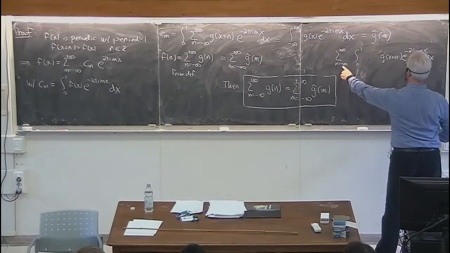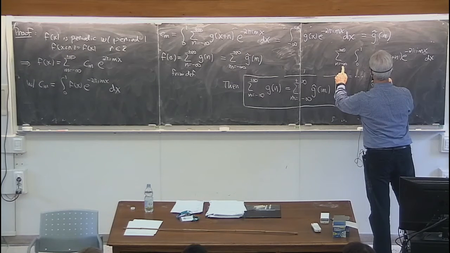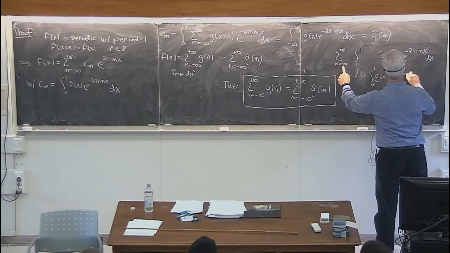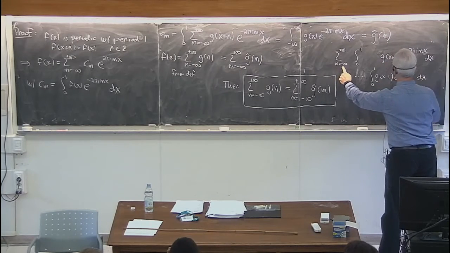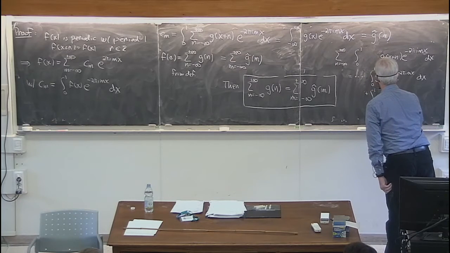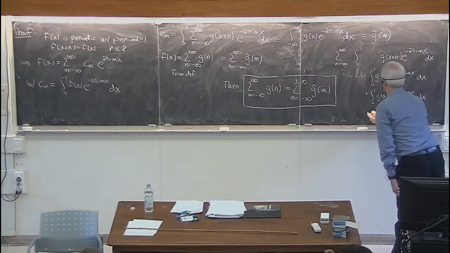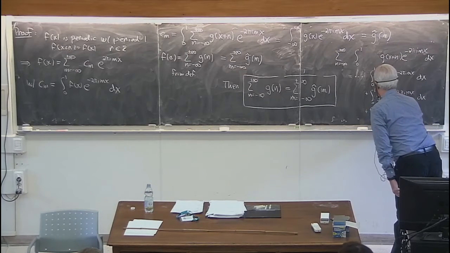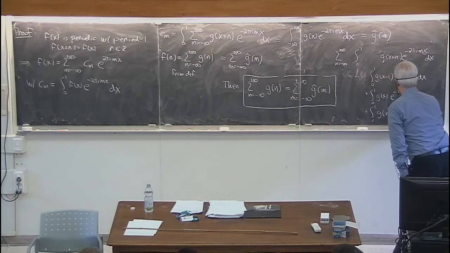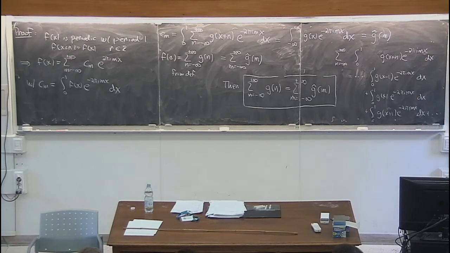Let's pick out the term with n equals minus 1. So there's an integral 0 to 1 g of x minus 1 e to the minus 2 pi i mx dx, plus the integral from 0 to 1 g of x e to the minus 2 pi i mx dx, plus the integral 0 to 1 g of x plus 1, plus an infinite set of terms.